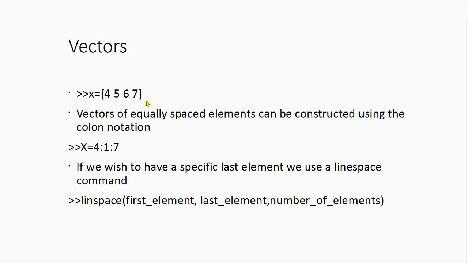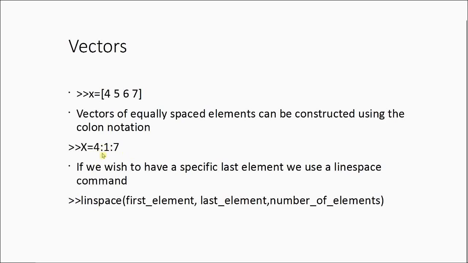The elements must be separated by spaces. Suppose you want to create a vector with equally spaced elements. In that case, instead of defining each and every element manually, you can go for the colon notation. This colon notation must follow a certain procedure. The starting element, colon, then the increment value must be placed in the middle.